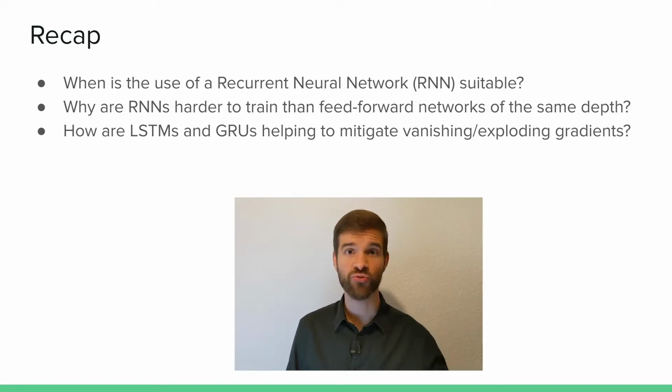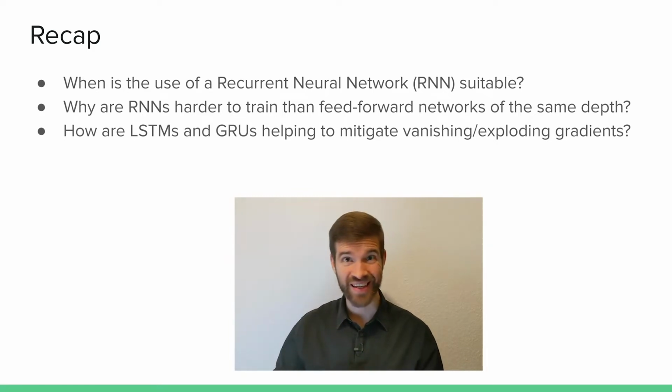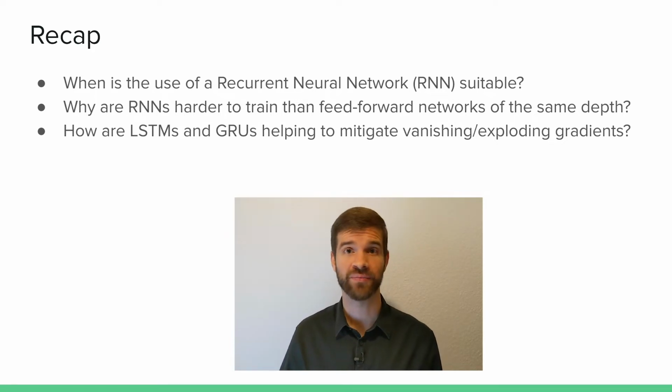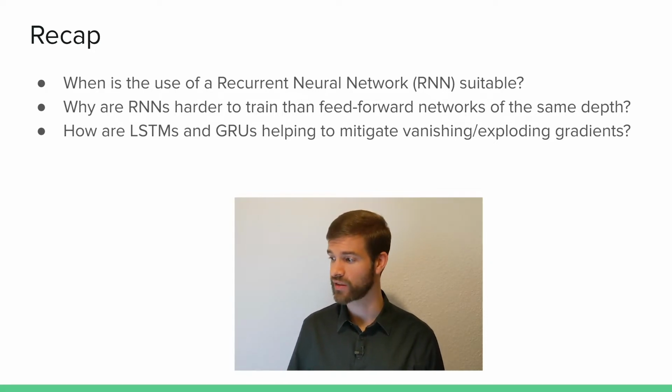Gates are special control mechanisms that control how much information can flow back into your operation. The recurrent neural cell controls these gates. Therefore, it can control how much information it wants to let into the network, how much information it processes inside the cell, and how much information out of the memory that it stores inside it allows to forget again. That's how they help us to overcome vanishing and exploding gradients.